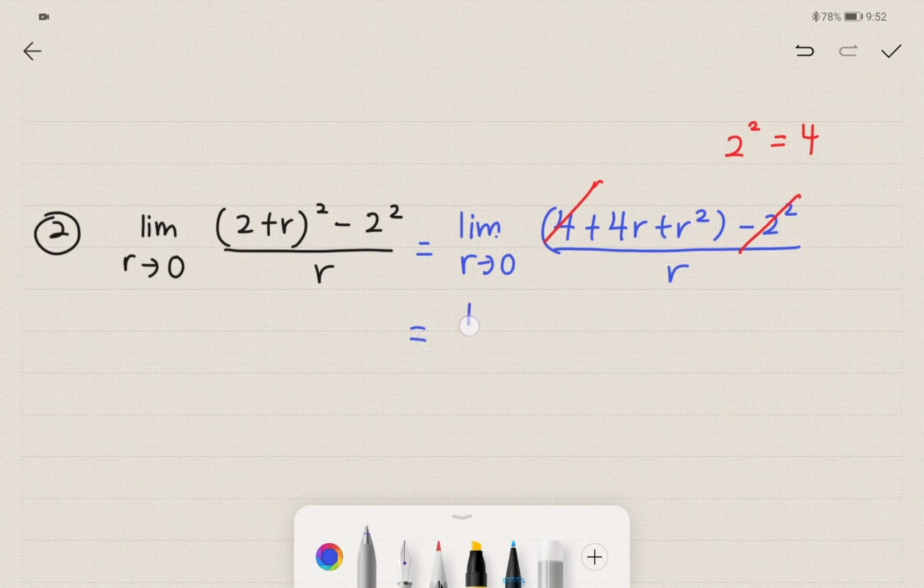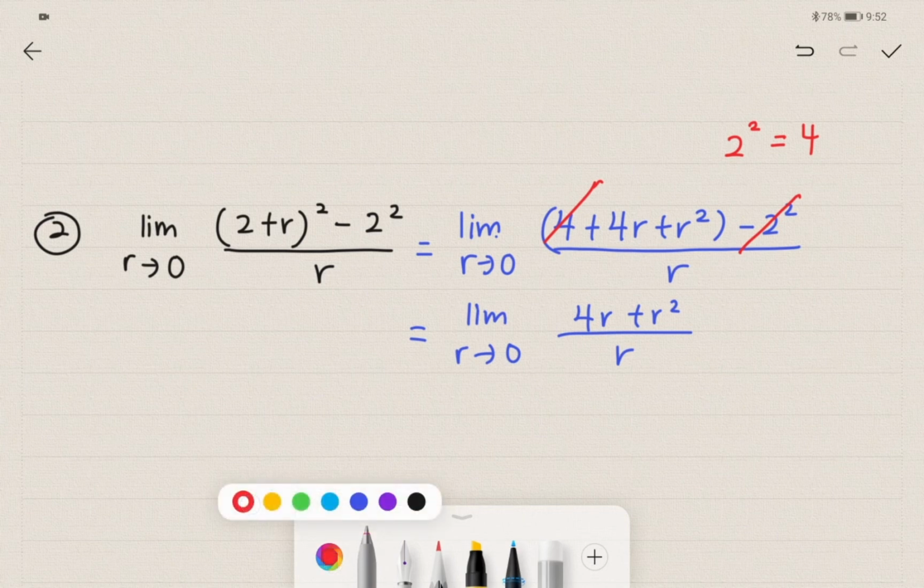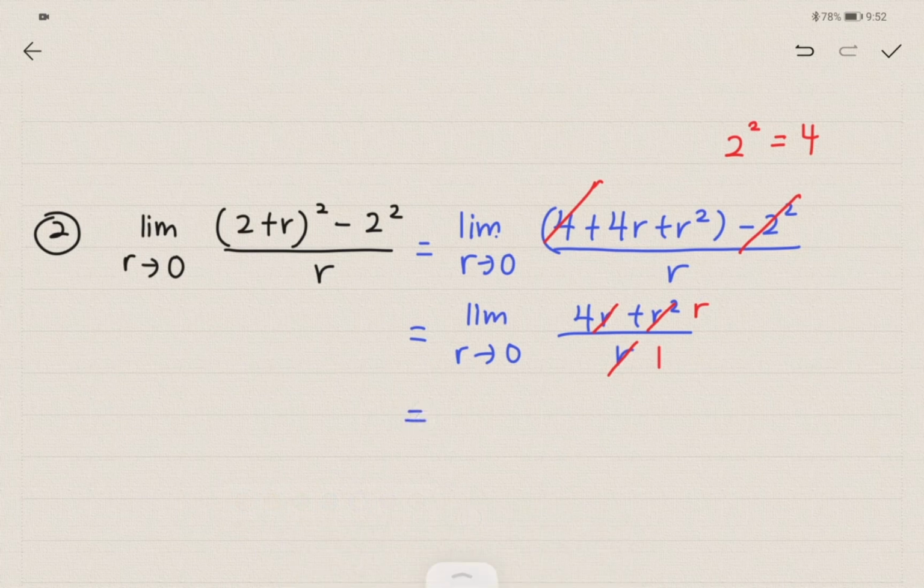So we will have the limit as r approaches 0 of 4r plus r squared over r. Note that we have the same factor at the numerator and denominator, that is r, so we can cancel off. Cancelling r from 4r, you are left with 4, and cancelling from r squared, you get r.